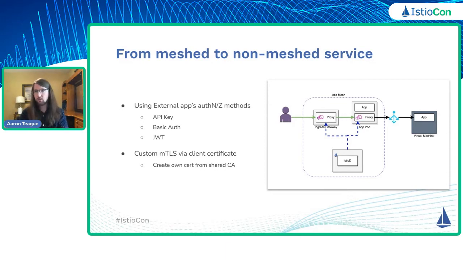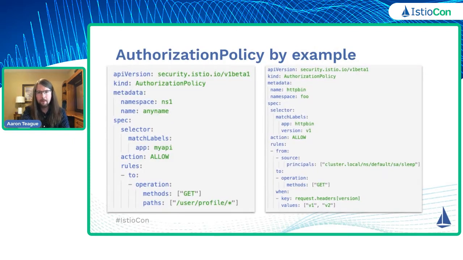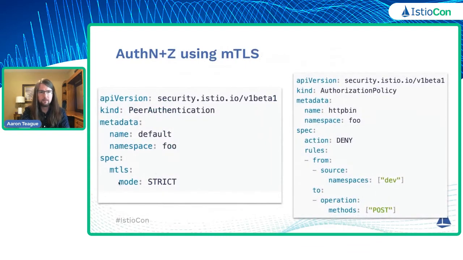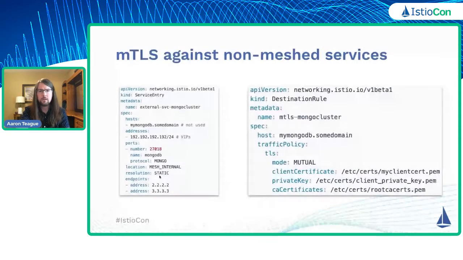That being said, if you do control this, like if you have the ability to administer this virtual machine that is not part of your mesh, then you also potentially have the option for mutual TLS. Now, it's going to be a little bit different, where before we were using mutual TLS using just what Istio provides. We're going to be using something a little bit different.